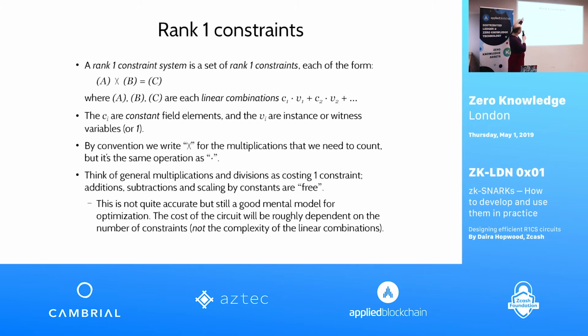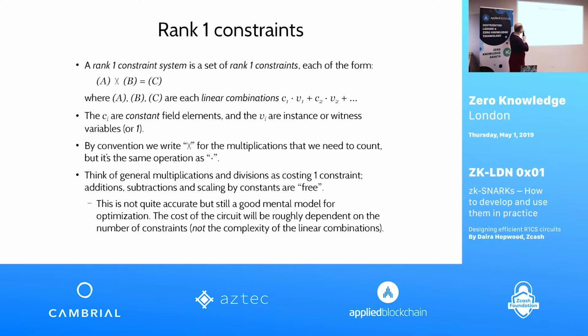So our constraints are of this form. A times B equals C, where each of these is a linear combination of variables. So remember that we had instance variables and witness variables. So these can be any linear combination of a constant times a variable, plus another constant times another variable, and so on.